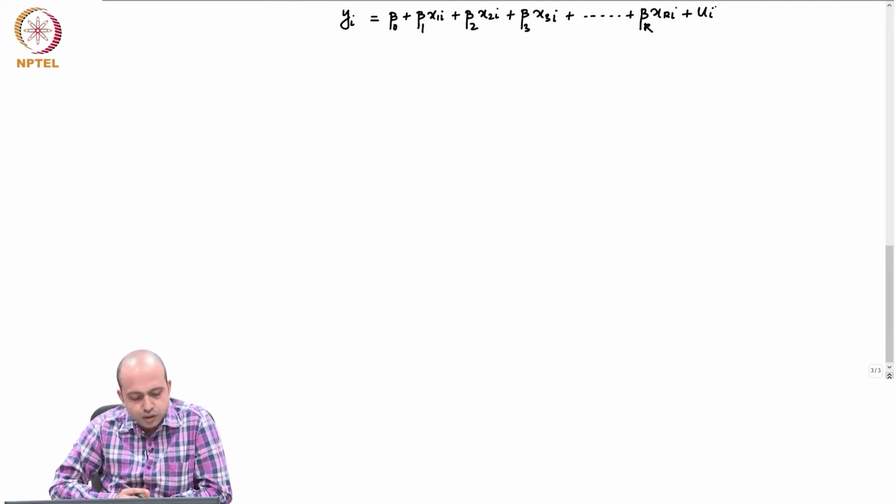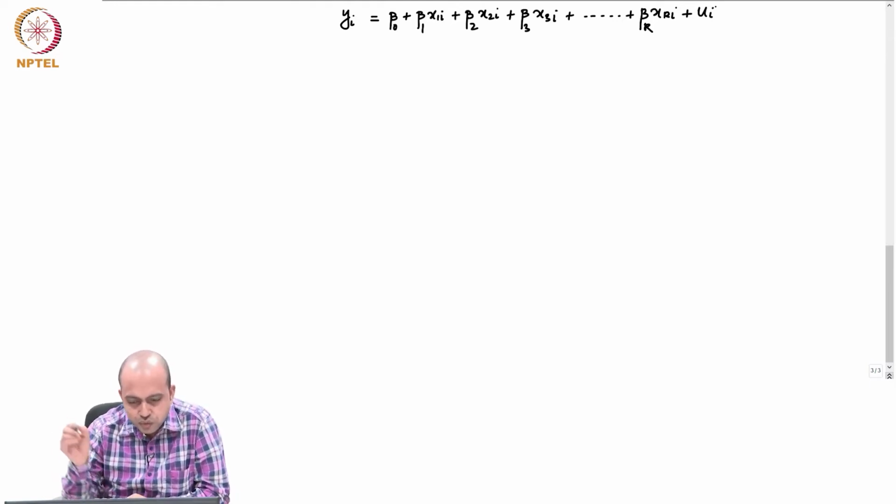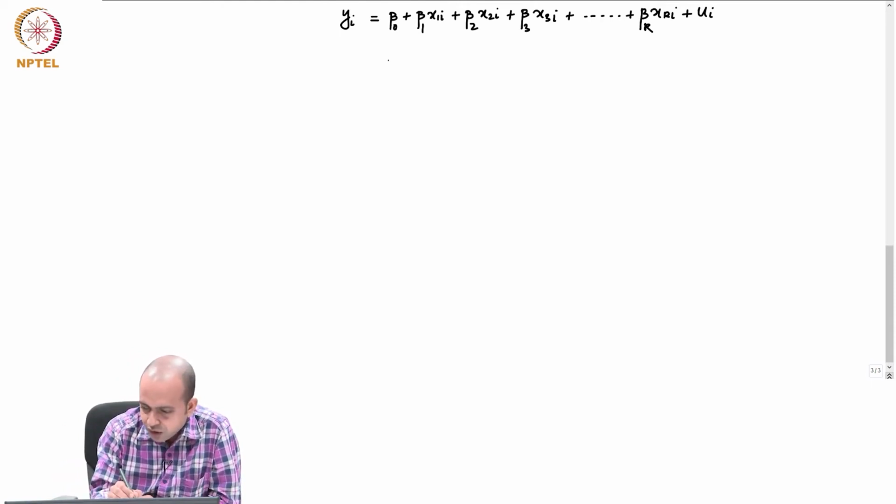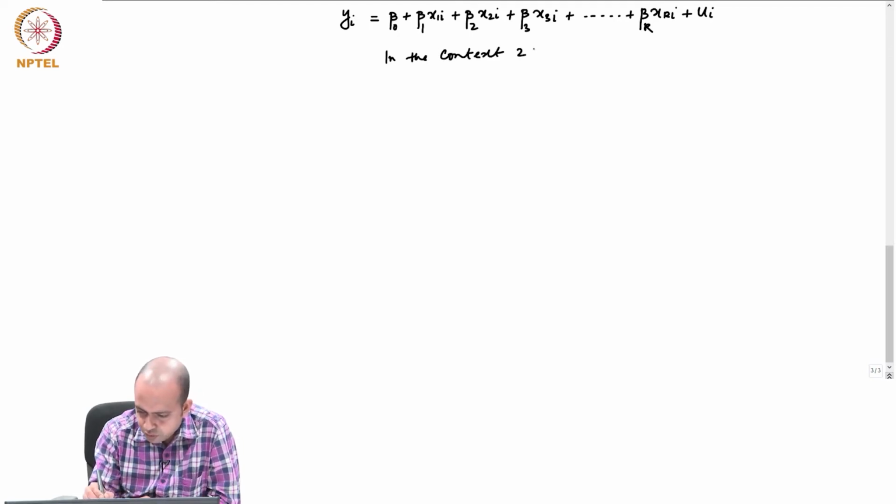Now, in this model, how do you estimate beta 1 hat, beta 2 hat, beta 3 hat? Now, in the context of two variable CLRM, how we got the beta 1 hat? You remember?